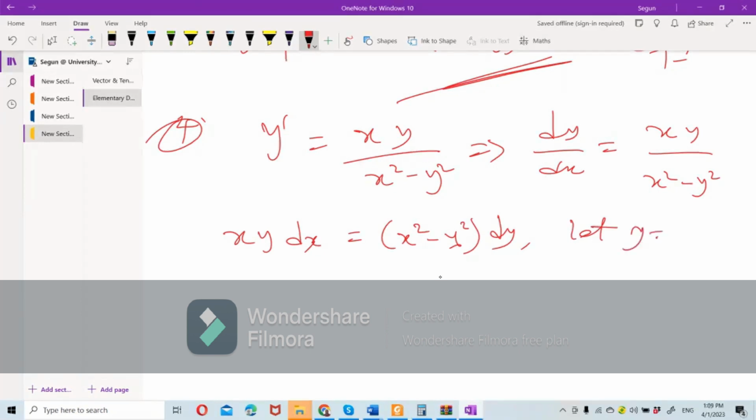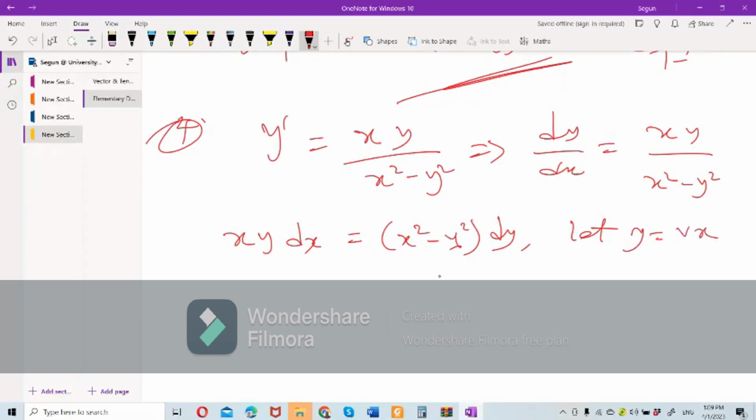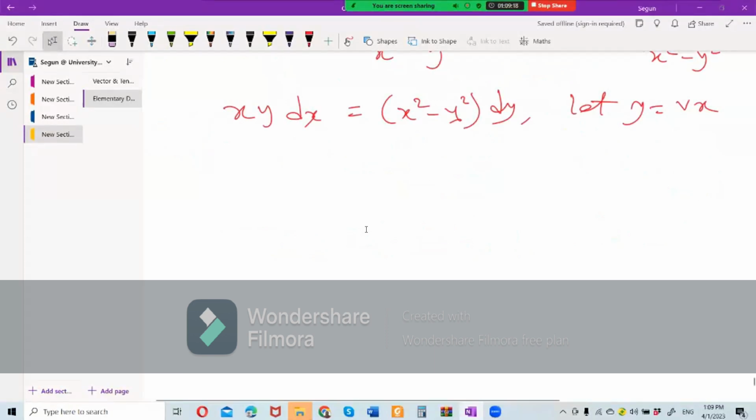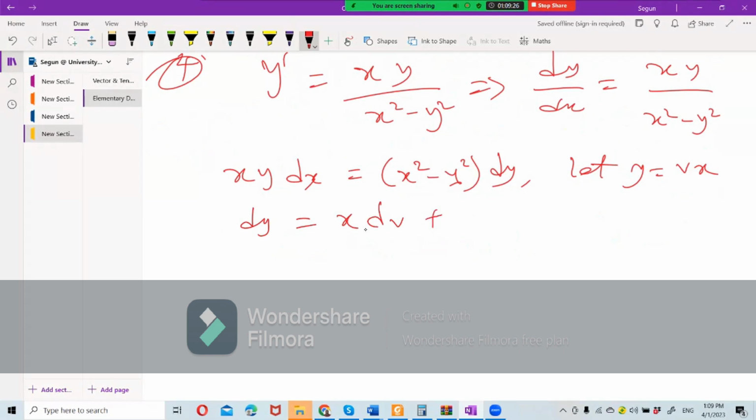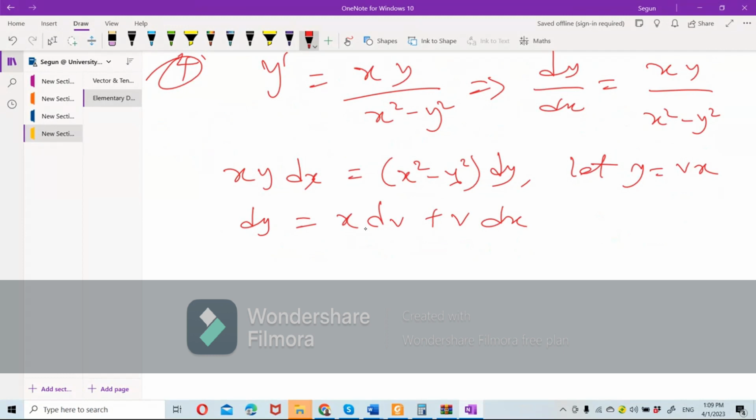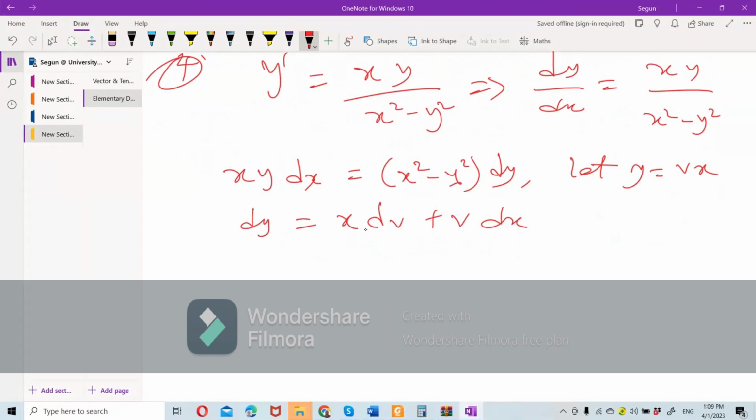Let y equal vx. And our dy is equal to x dv plus v dx. Then I can go ahead and solve the problem.